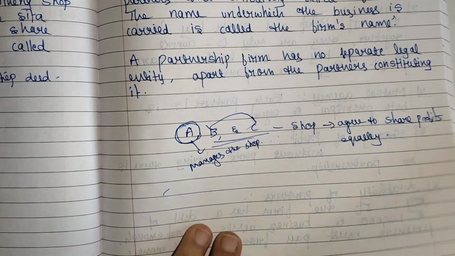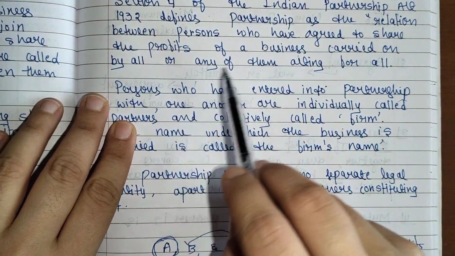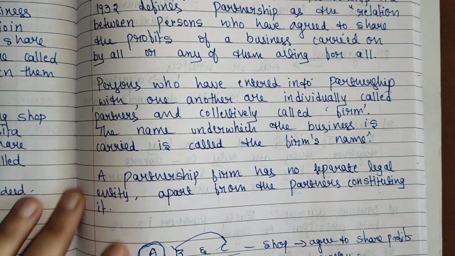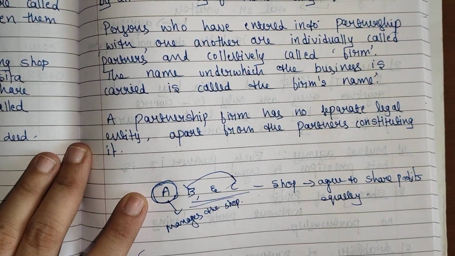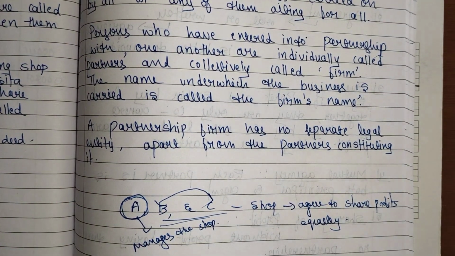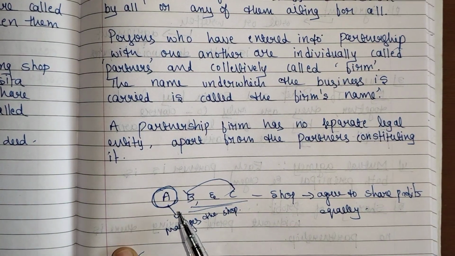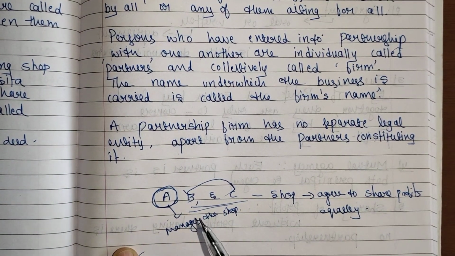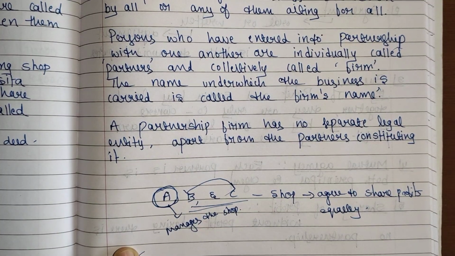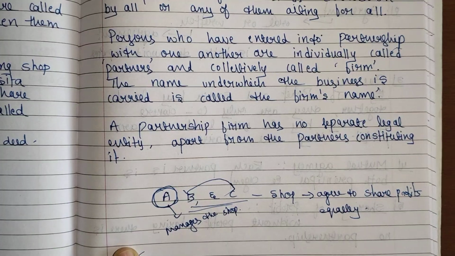So what does the definition say? Carried on by all or any of them acting for all. This is the meaning of this definition. For example, if A signs some files, B and C need not sign the bills at the same time.